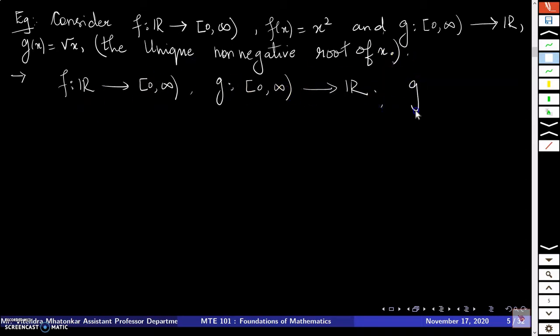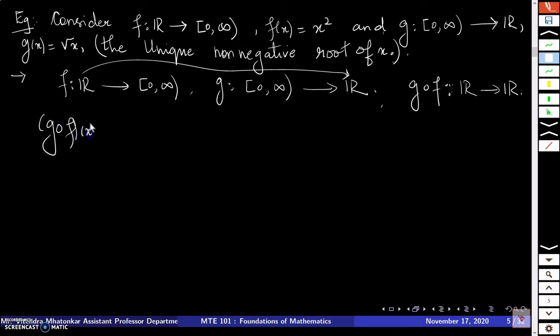So g composite f will be a map from R to R. Let's compute g composite f first. g composite f of x is defined to be g of f of x. f of x is x square, so that's g of x square, and g maps every point to its square root, so this would be square root of x square, which is mod x.